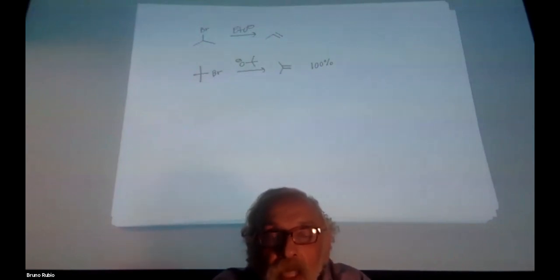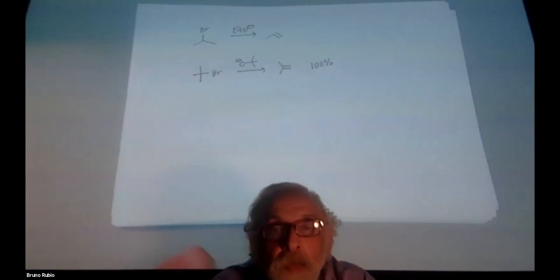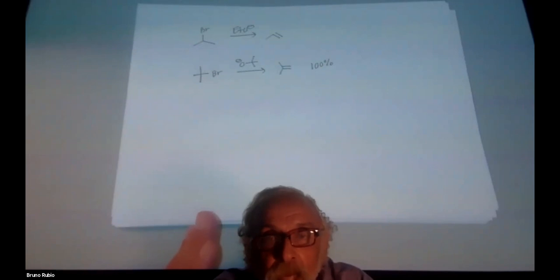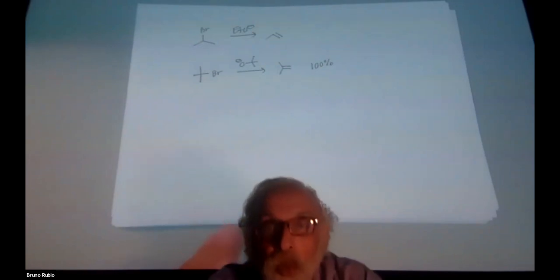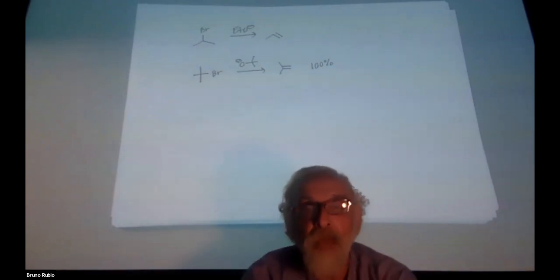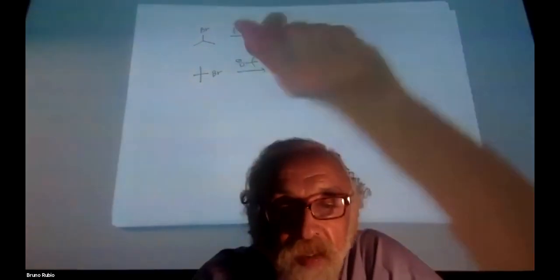So there's always this competition between substitution and elimination. And every time we're dealing with a substitution reaction, we have to take into account the nature of the substrate and the nature of the nucleophile and make sure that what we think is going to happen actually will happen, and that we haven't mismatched the substrate with the nucleophile.